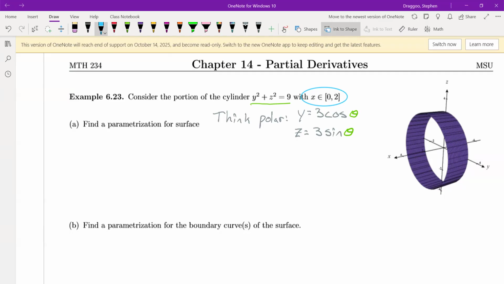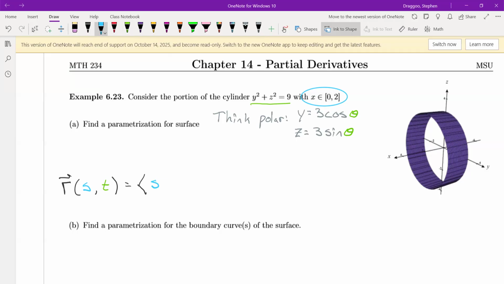So I only needed one parameter to do y and z, which means I've got my other parameter free for x. And in fact, because this thing is a cylinder, it's almost so simple that you don't even see the solution. So for my parameterization, which is going to be r of s and t, also r, s, and t, look, those are all alphabetical. But I digress again. Again, I said that x was so simple, you might not even notice it.